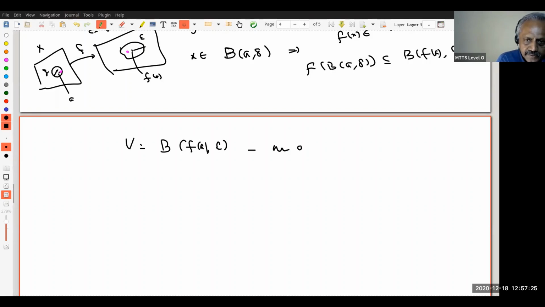This is an open set containing f(a). Now let's look at U, this is B(a, delta). This is also an open set containing a.